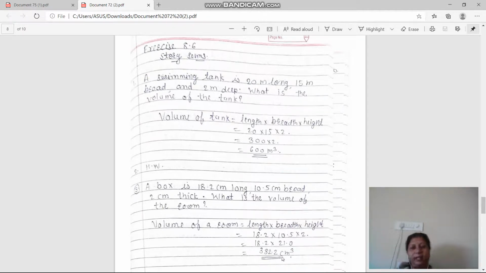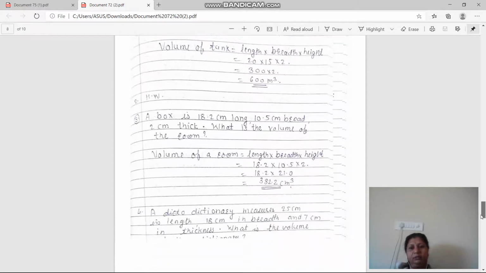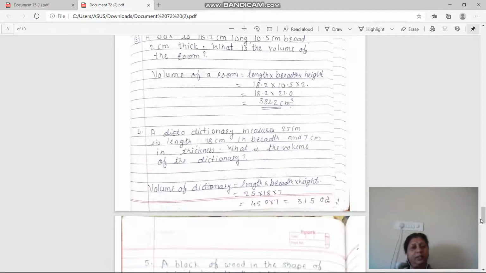So multiply and get the answer. I always ask you to multiply yourself so that you can practice the decimals, practice multiplying larger numbers. Get it? Next. A dictionary measures 25 cm in length, 80 cm in breadth and 7 cm in thickness.